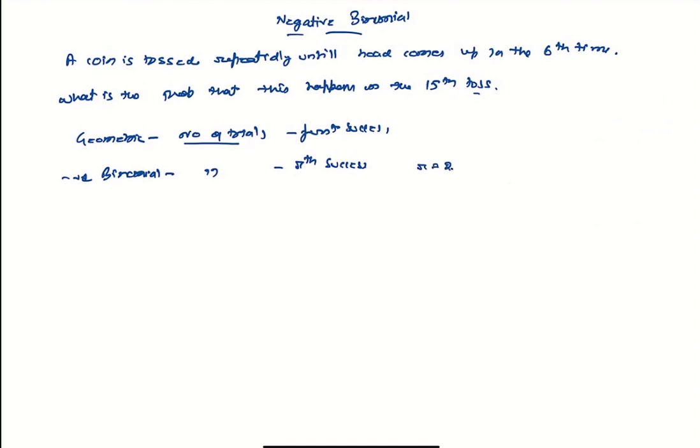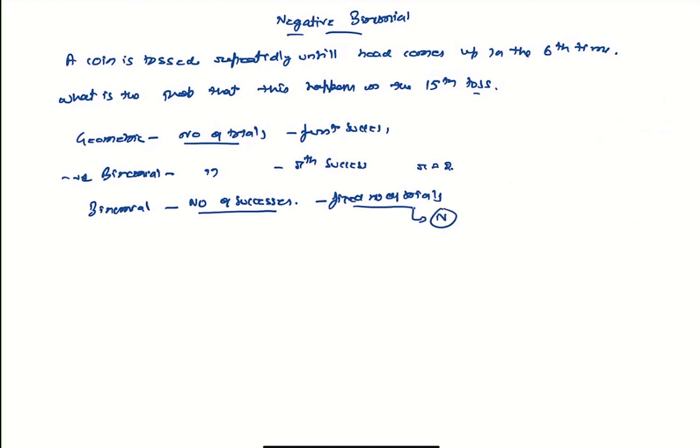Binomial distribution, on the other hand, is the number of successes in a fixed number of trials. Fixed number of trials we call n.